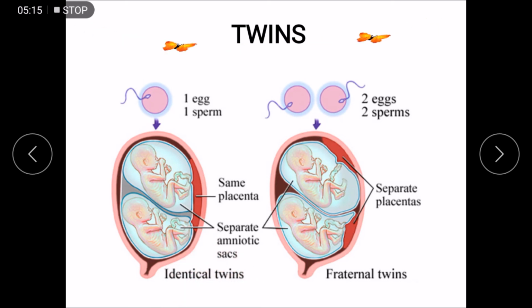But sometimes the ovary releases 2 ova, and then the 2 ova are fertilized by 2 sperm. Remember we have the fallopian tube and ovary, so the woman has a pair of ovaries. Normally they take turns.